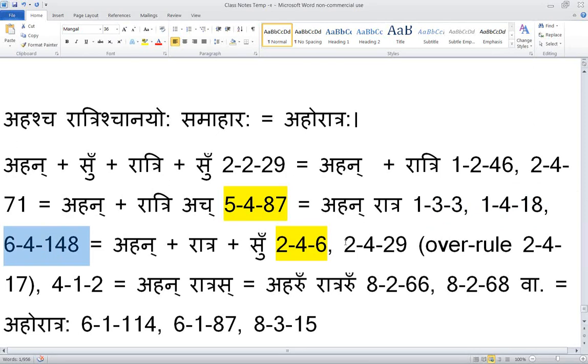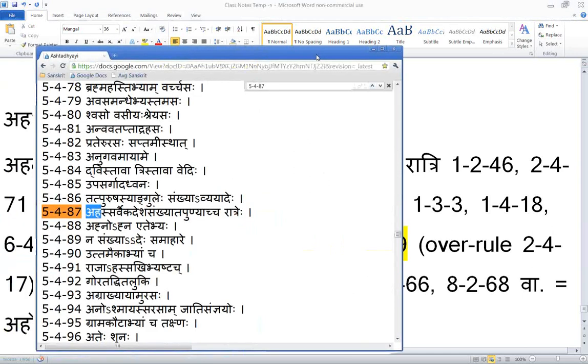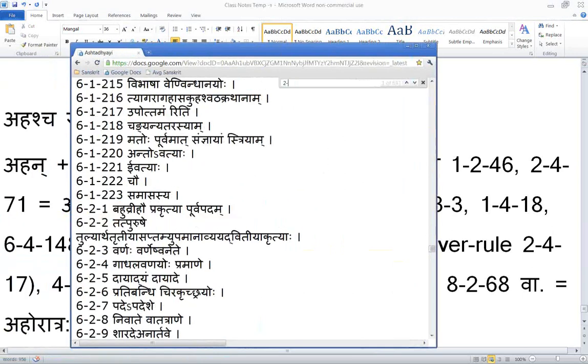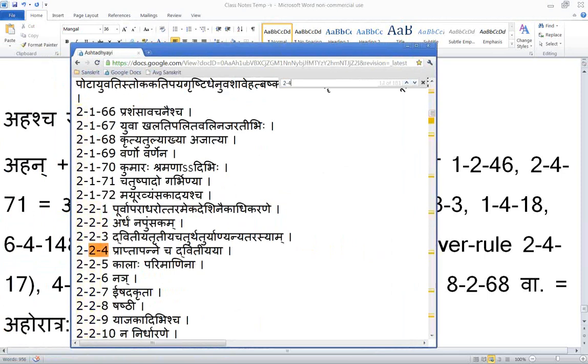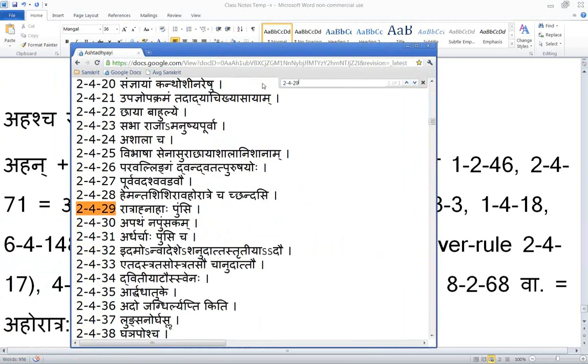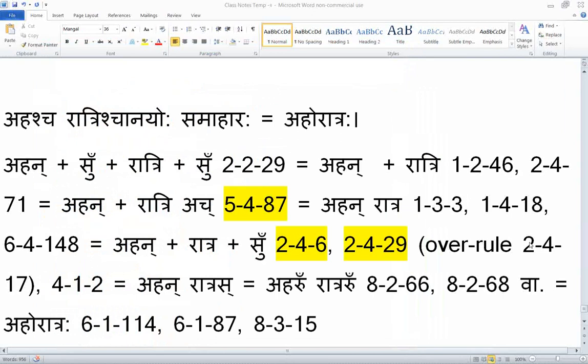Then we use 2429 because normally we have sanapumsakam. But instead, Panini specifically says that when you have these at the ending terms, which is the ratra, ahna, and aha, then pumsi only be in the masculine. So then we didn't use our 2417.